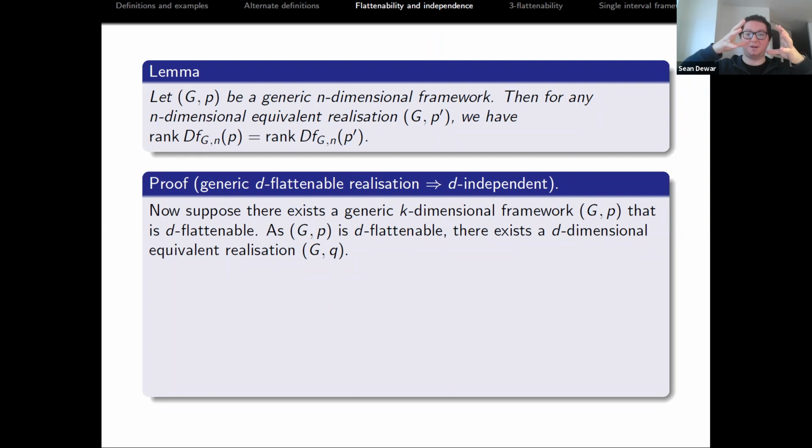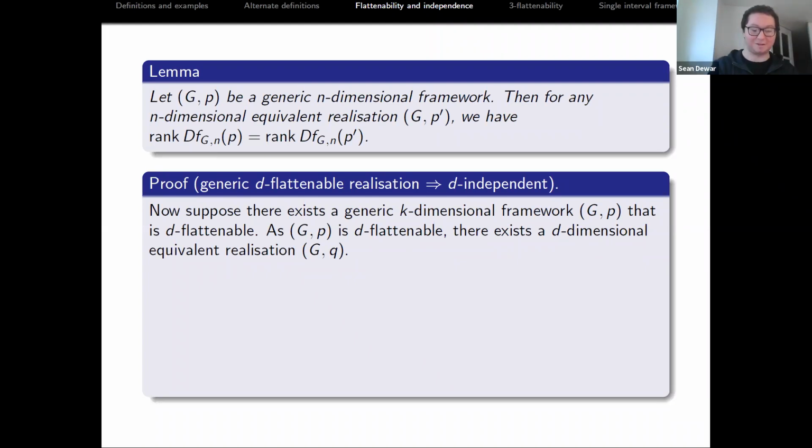Now, what this means is, because the equivalent realizations are always going to have the same rank, we can think that there is some path, maybe not from GP, maybe to something equivalent, but some continuous path that flattens out into d dimensions, which is quite a nice way to think about it.